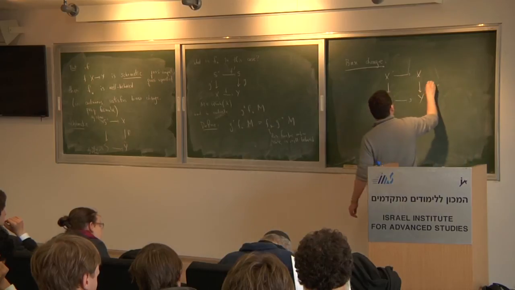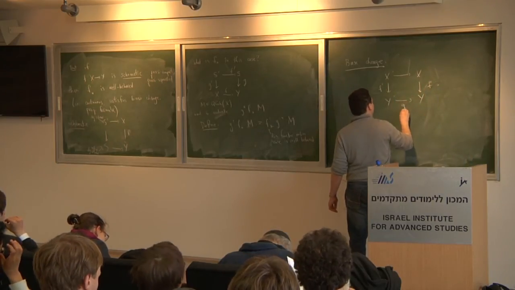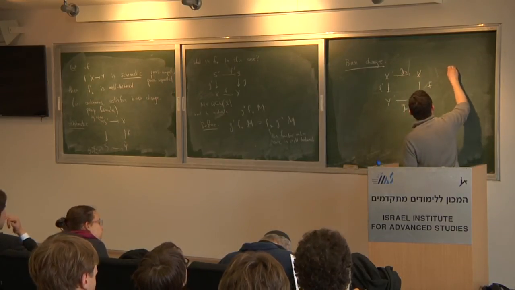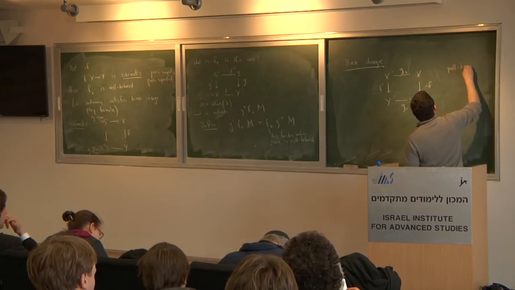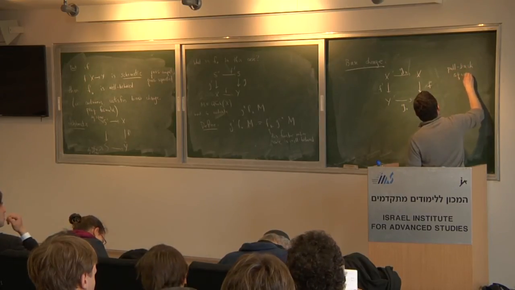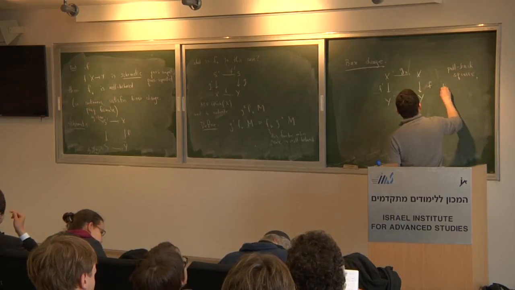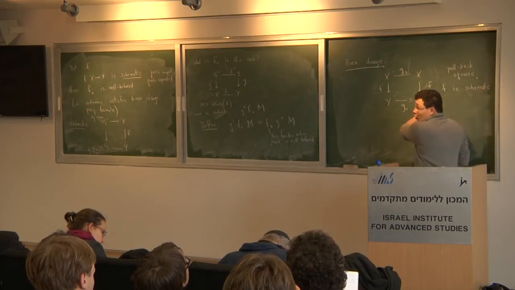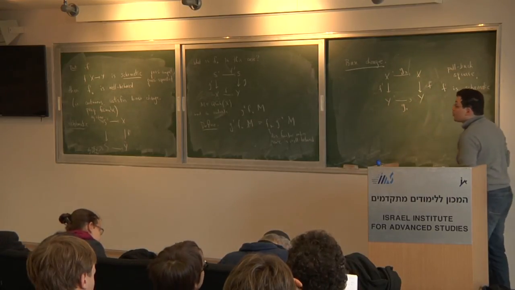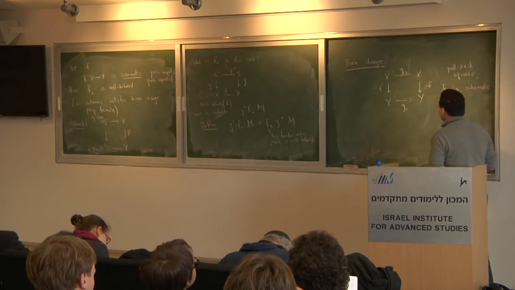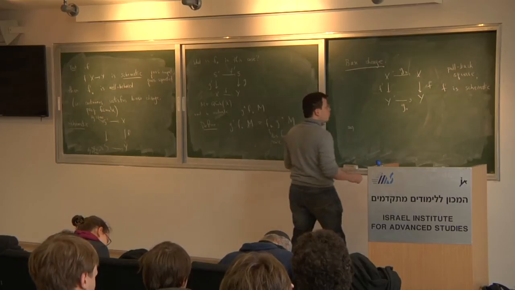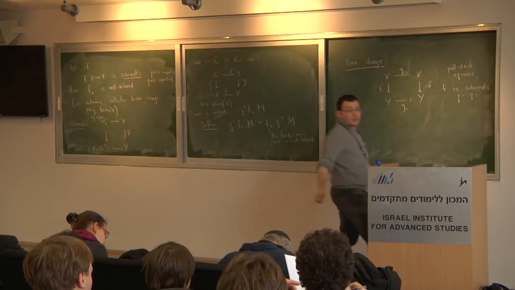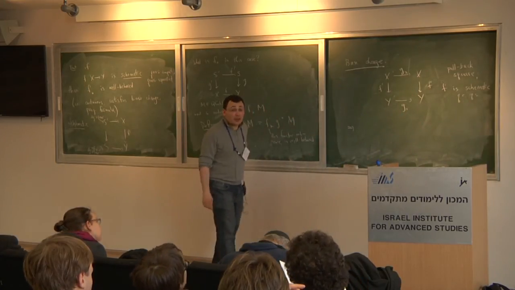Let me give these names: f prime, g1, g2, and suppose this is a Cartesian, a pullback square, and f is schematic. By the way, this automatically implies that f prime is also schematic, because it's easy to see from the definition that it's stable under base change. And also that's a property that's stable under base change.